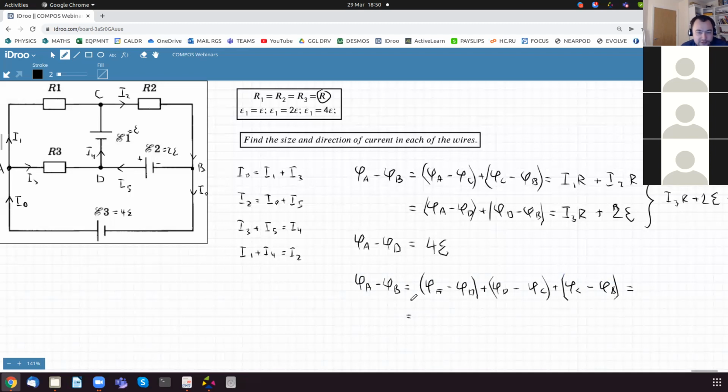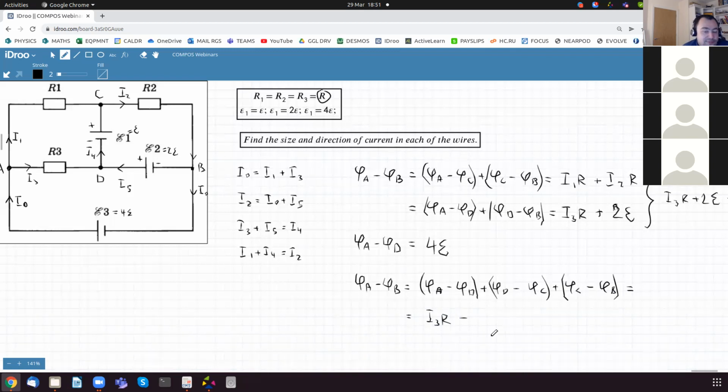Those of you who are attentive will see that this is no different from Kirchhoff's second law. I'm just doing Kirchhoff's second law in a slightly different way. A minus D is going to be I3R, then D minus C. Now here we're going from minus to plus, we're gaining potential.